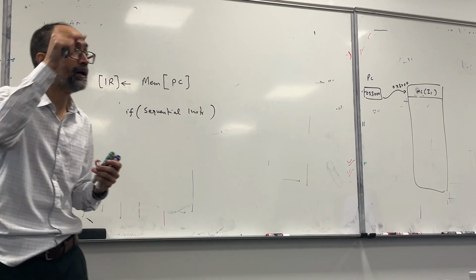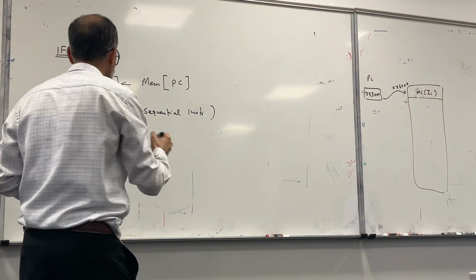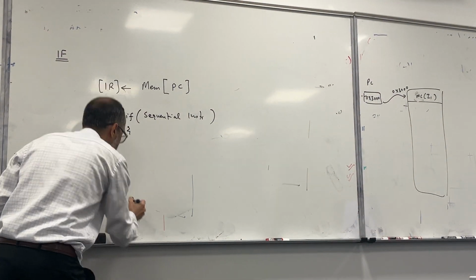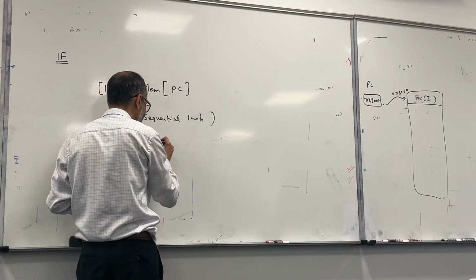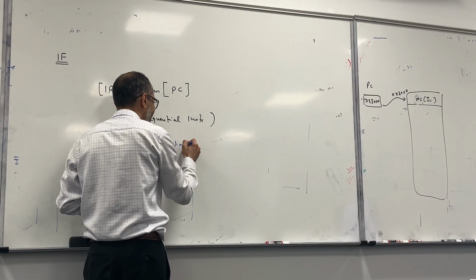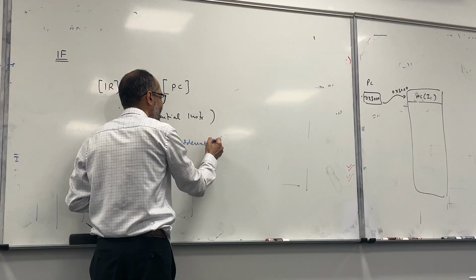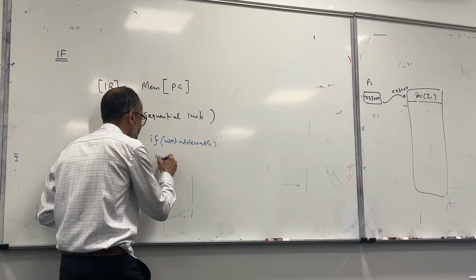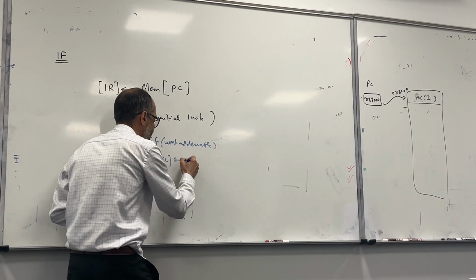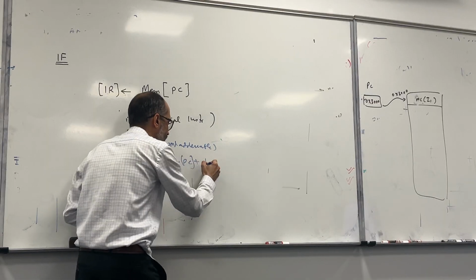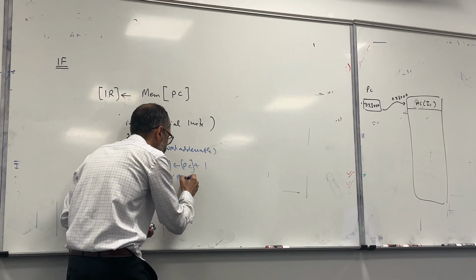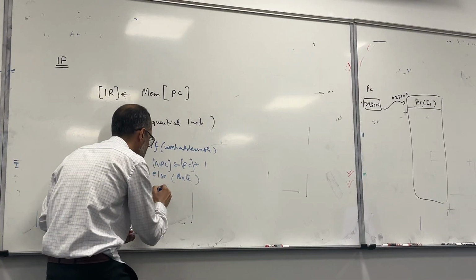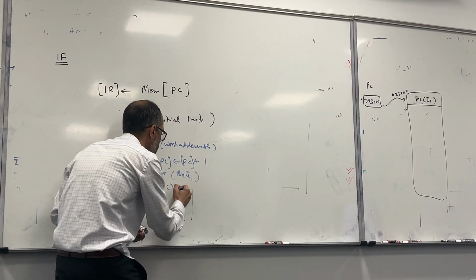Add, subtract, multiply. If it is a sequential instruction, there is another assumption there. If it is word addressable, what will be NPC? PC plus 1. Else, it means it's byte addressable, then NPC is PC plus 2.